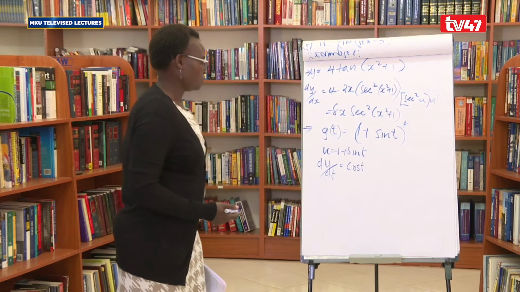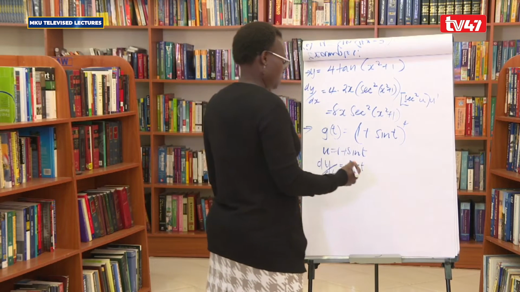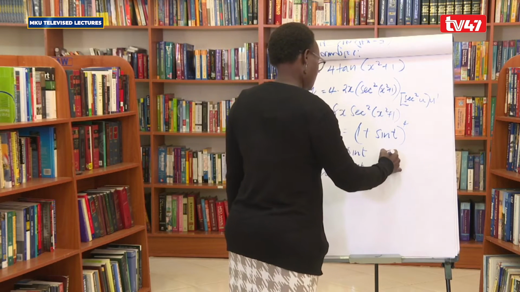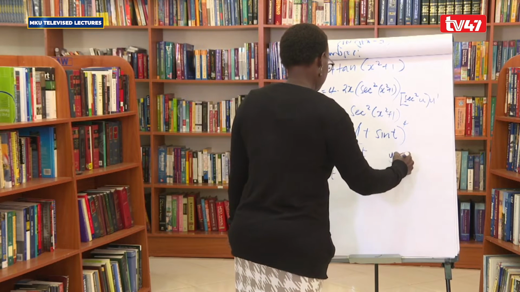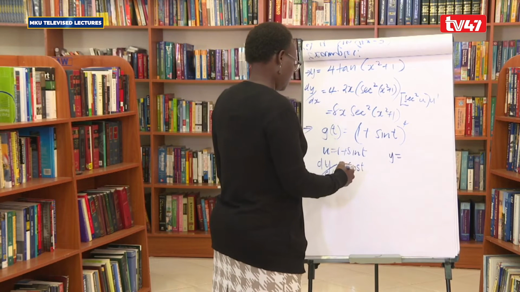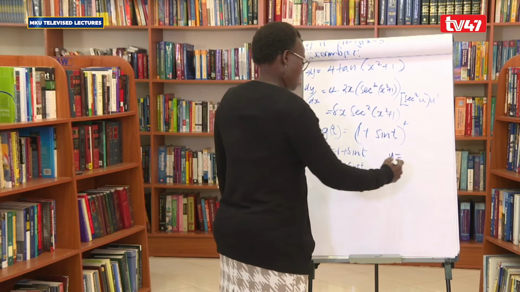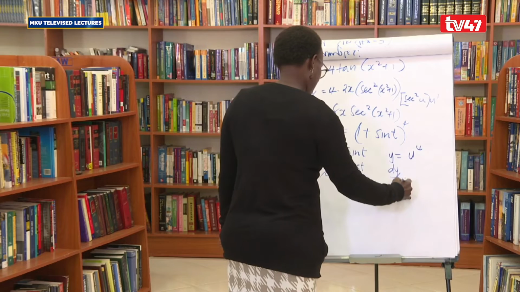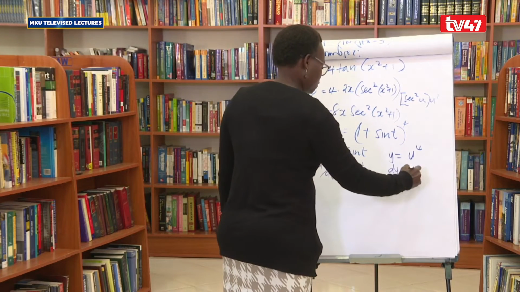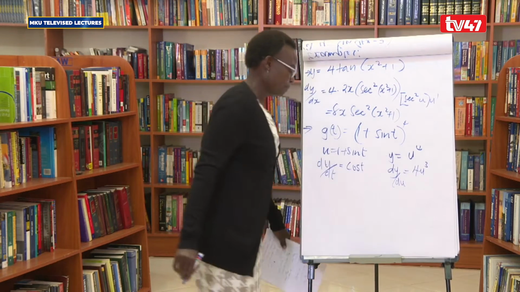Then we can call our function y, which is u raised to power 4. So dy over du would give us 4 u cubed.